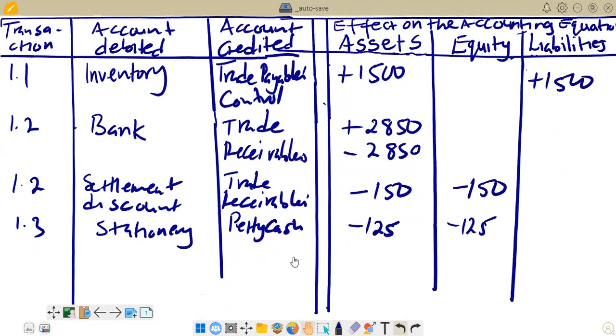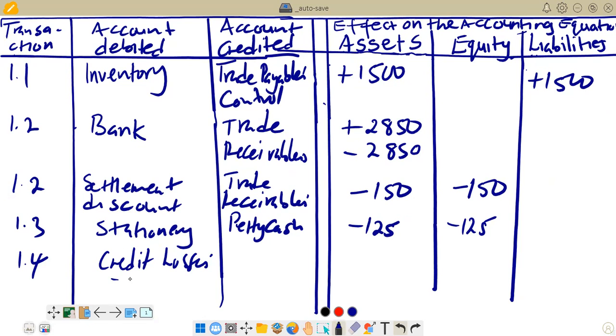All right. So if you come here now, we are on 1.4. So remember, we are saying we are debiting credit losses. So here, the credit losses, credit is coming in the sense that when we sold goods on credit, these are the losses that we are making from selling goods on credit.